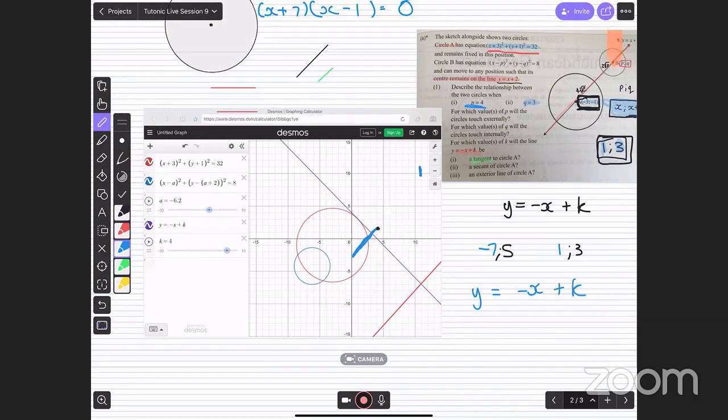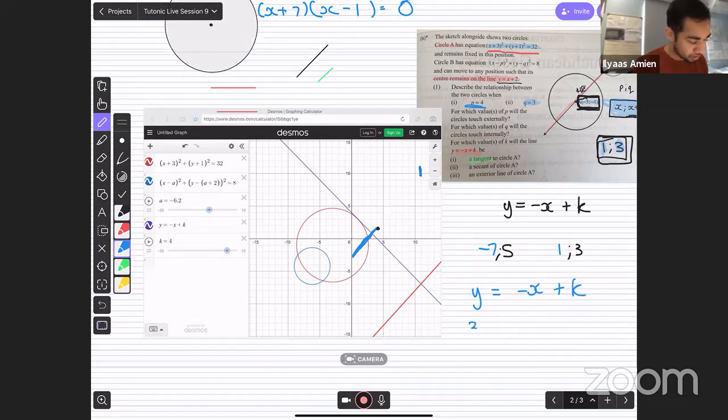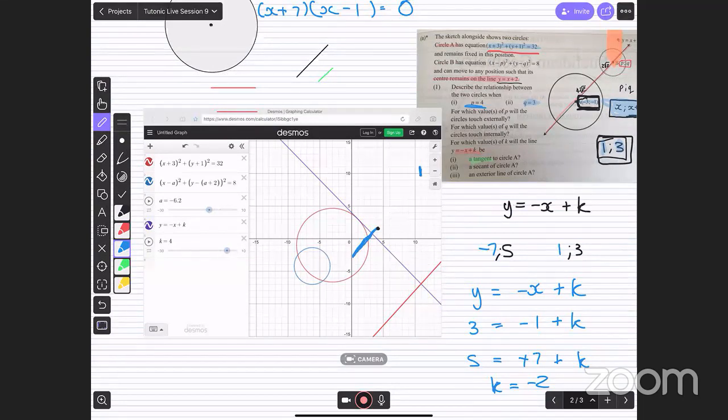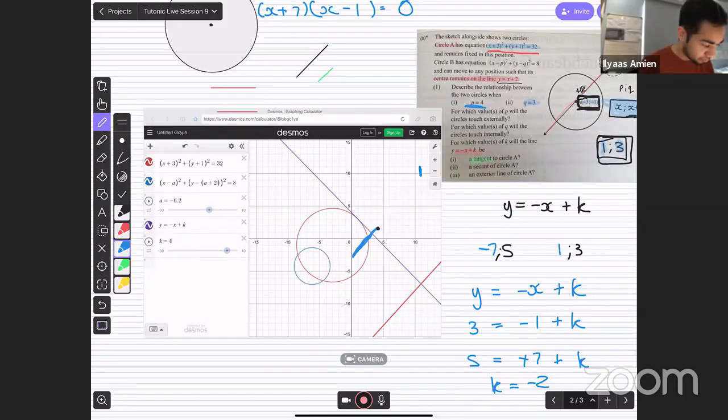And if y is 3, then it's -1 plus c equals 4. And then y is -5 when x is -7, plus c equals -2. What do you guys get?